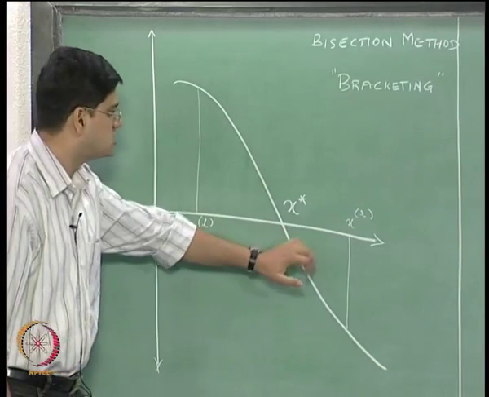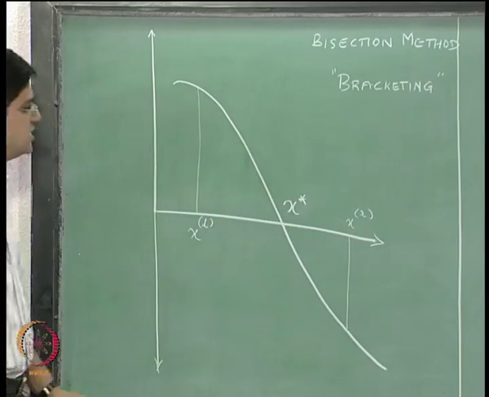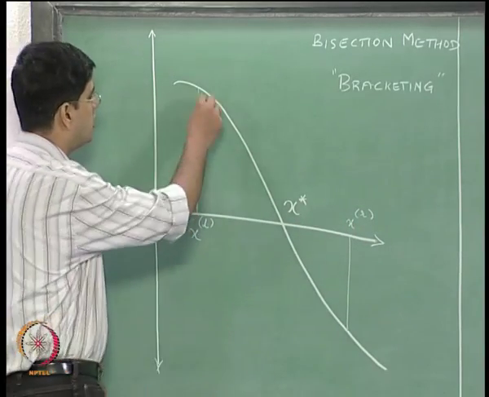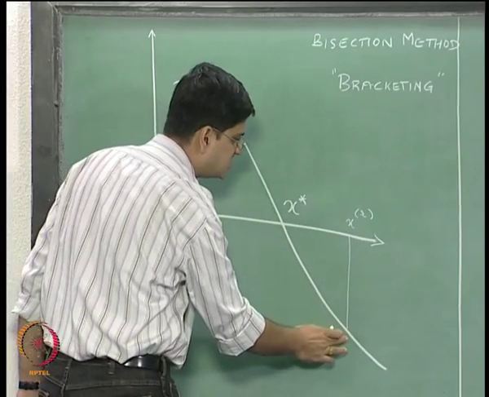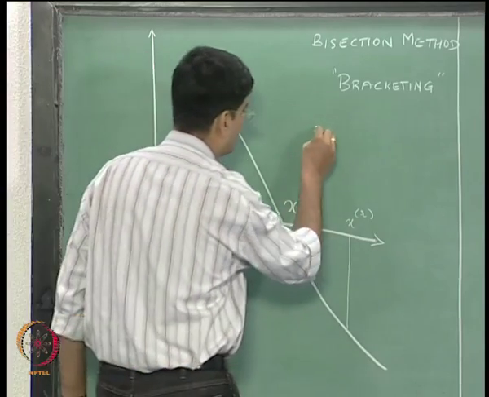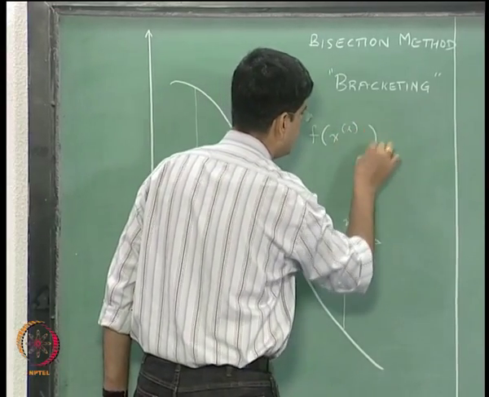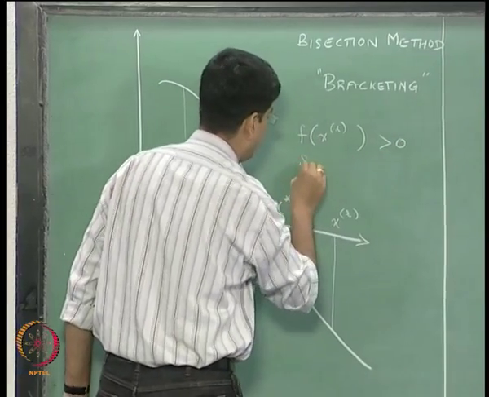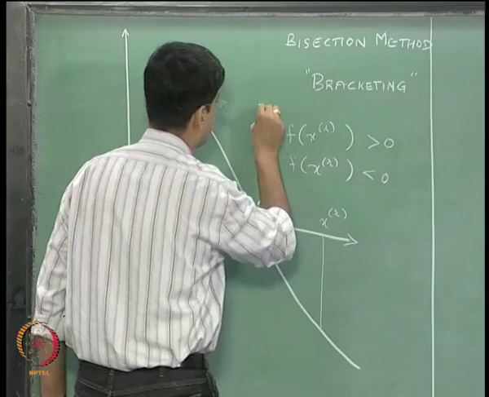So now the question is, how do we know whether these two guesses lie on either side of x star? Well, that is because f of xl is going to have a sign which is different from f of xr. Okay. So in this particular example, f of xl is positive and f of xr is negative.